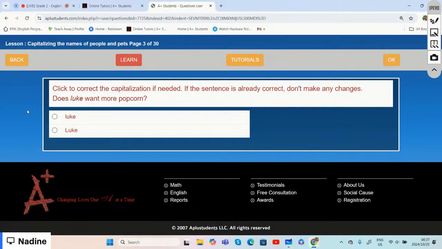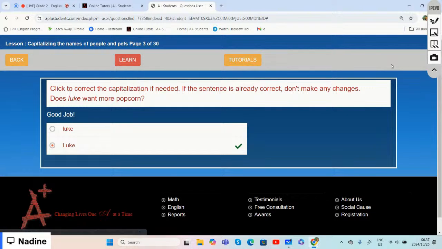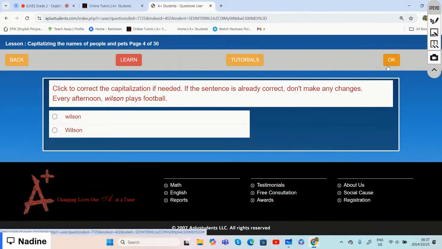The name of a person. And if we were to choose the correct option, then yes, we will say Luke. Yes, capitalize L for Luke. Yes, well done. Luke is correct.